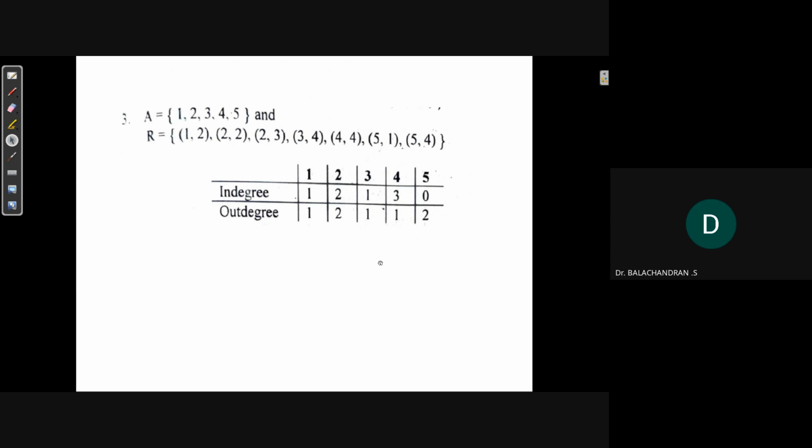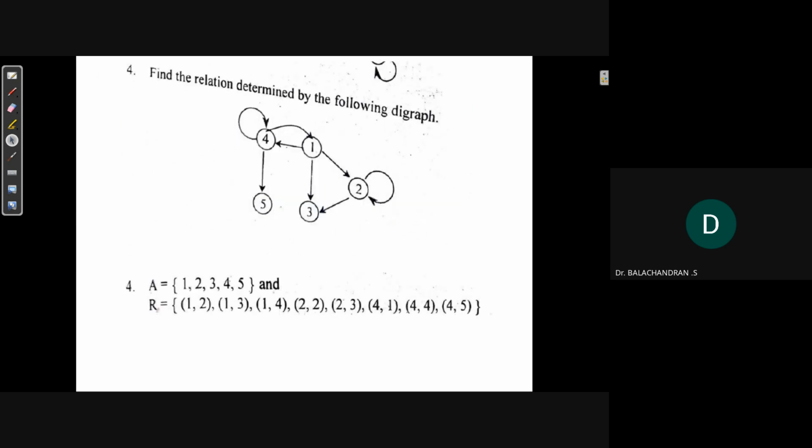And then you need to find the in degree for each of the vertices, and also the out degree for each of the vertices. I already explained this in the previous problem. You can check it here also. This is again a similar problem. The digraph is given. You need to find the relation.